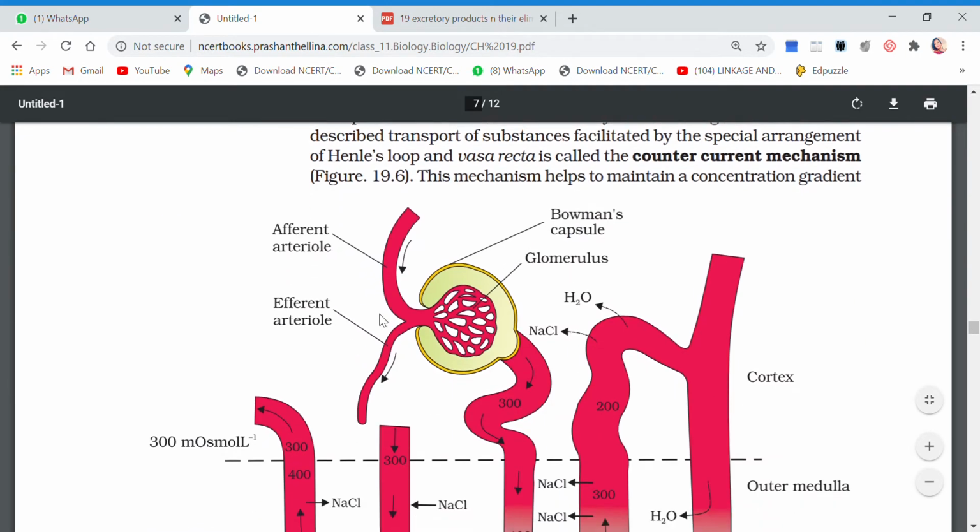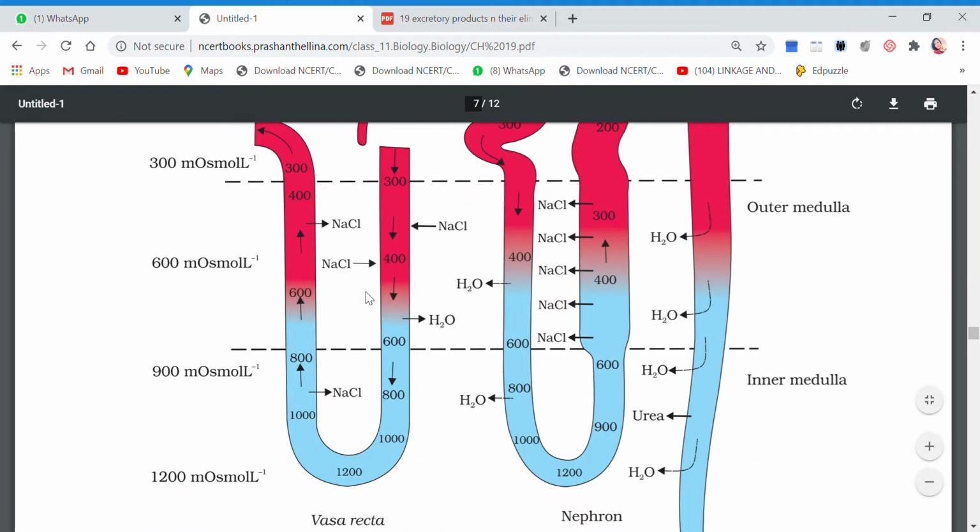Now they say that this counter current relationship between the limbs of Henle's loop and between the limbs of vasa recta is there to maintain the osmolarity gradient, because osmolarity is changing at every point.